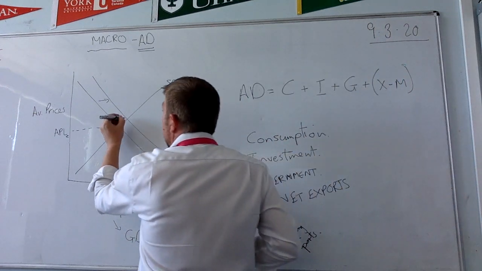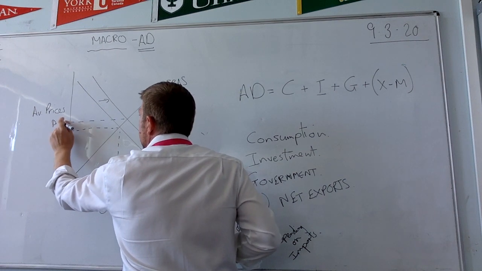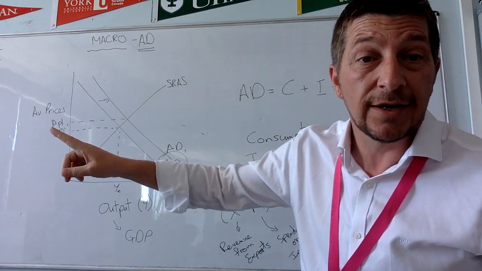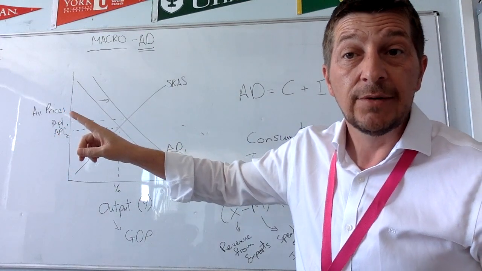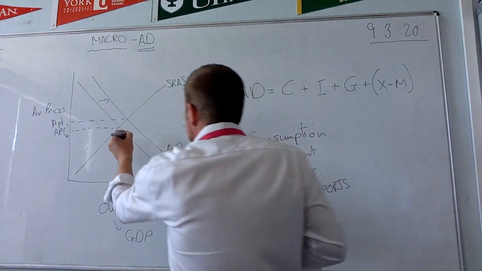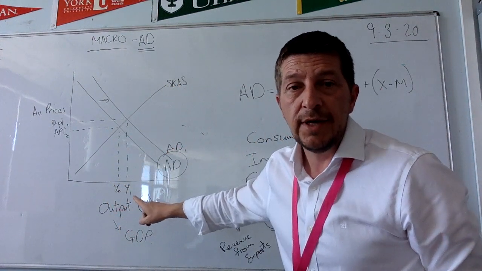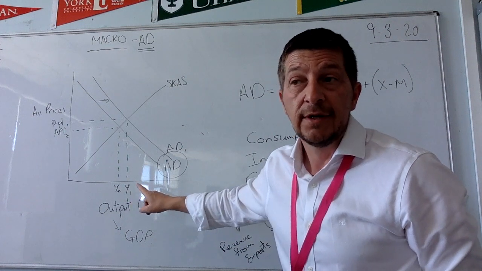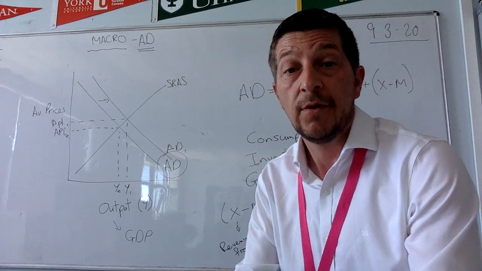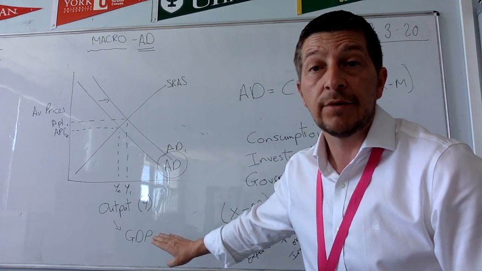That new equilibrium shows us inflation. Prices in the economy have increased. We have inflation. And it also shows us that output in the economy has increased. We're actually experiencing economic growth. We have a greater level of gross domestic product.